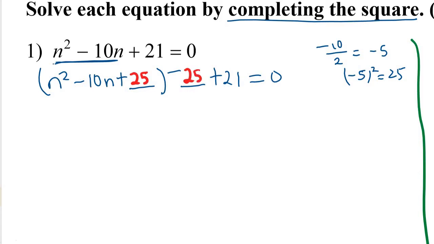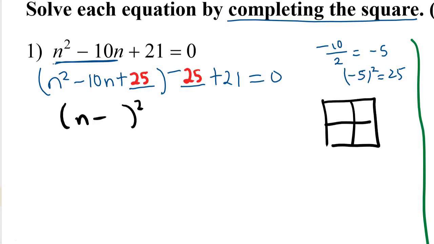All right, so now we're going to try to finish it off by factoring this like a perfect square. If you are in class, this is easy. Going by the box method that we used, you need to divide this 10n into negative 5n and negative 5n, and this is n squared.